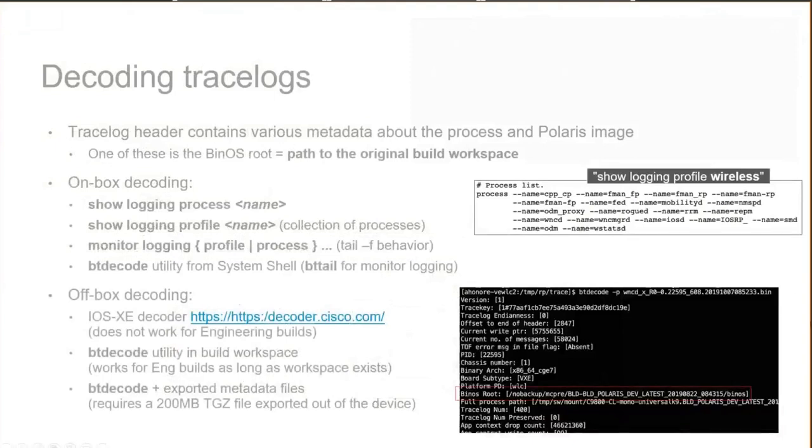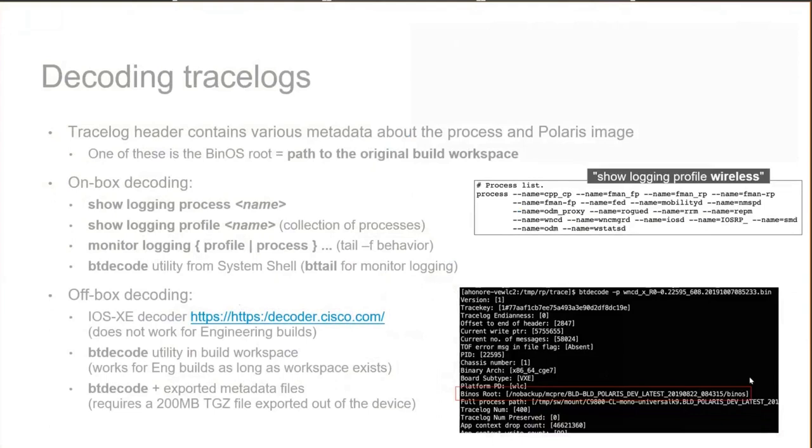For decoding the trace logs, we have multiple internal tools. These are not human readable. They'll be decoded while being rotated into the hard disk, so we'll have to decode these and read the logs from the decoded file.